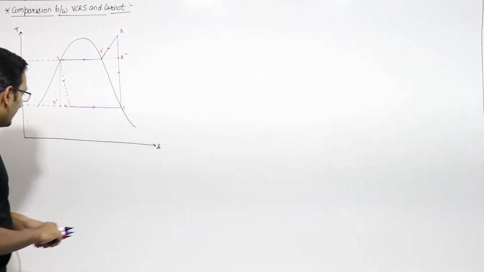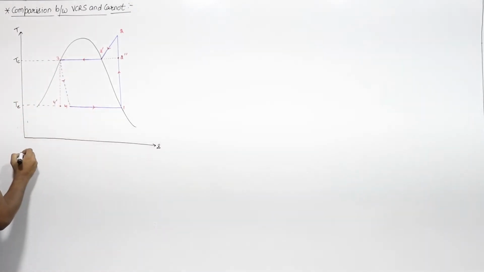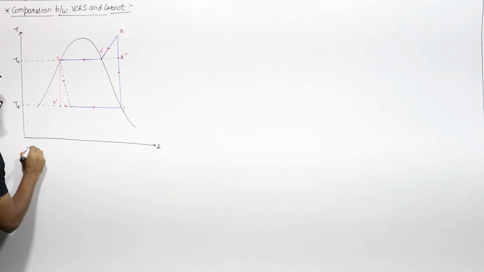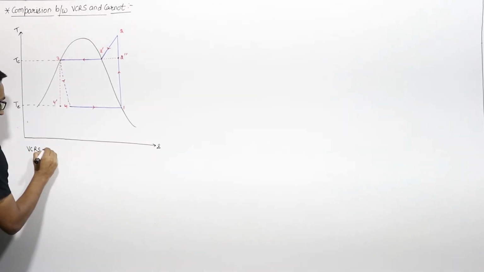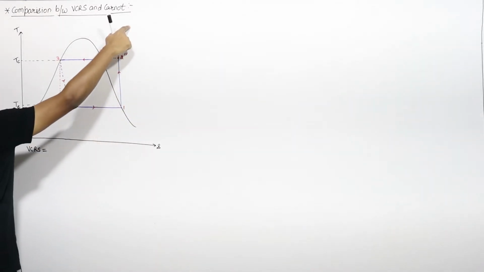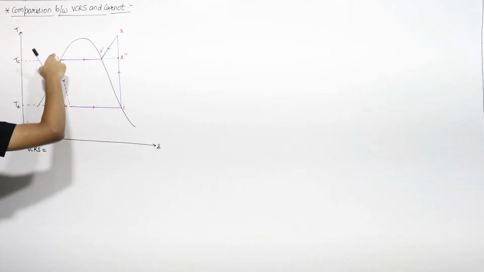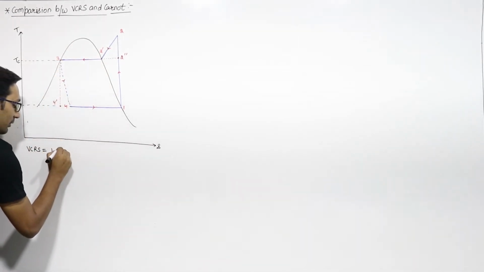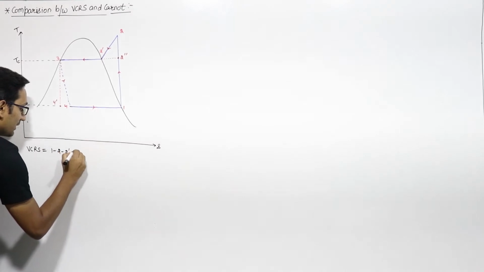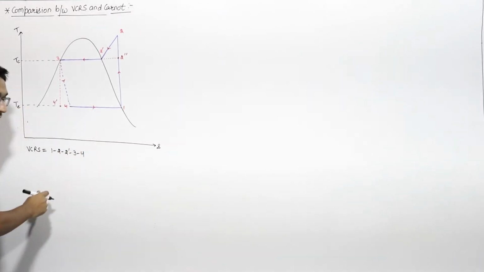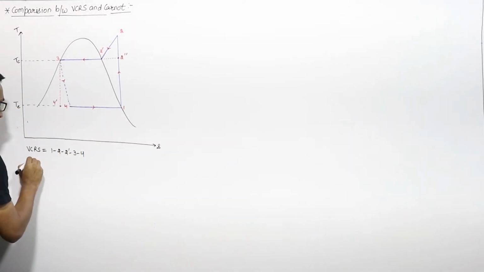So we will write here that the standard vapor compression refrigeration system is 1, 2, 2 dash, 3, 4. This is the standard vapor compression refrigeration system.